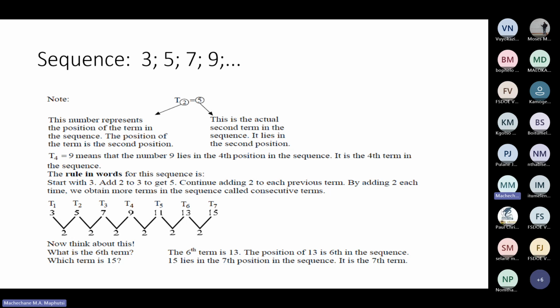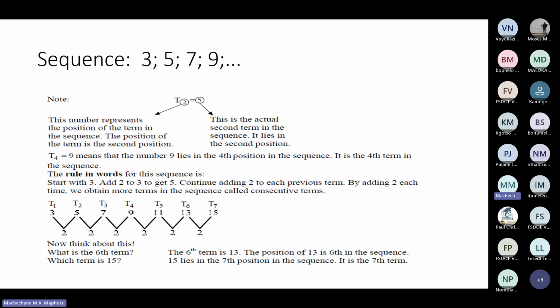So this means that the capital T implies the term. The subscript 2 indicates the position of the term. And 5 here is the number that represents the second position in the pattern, as you can see there.